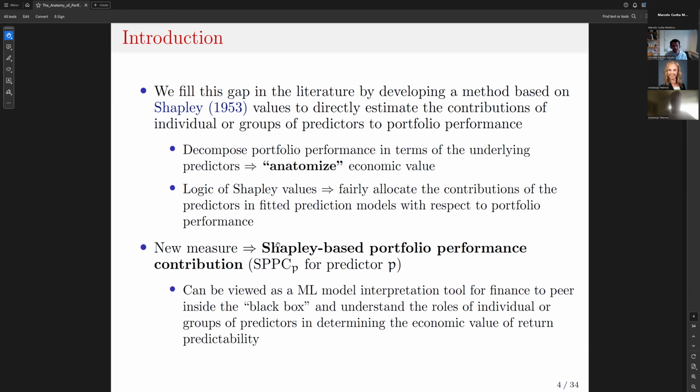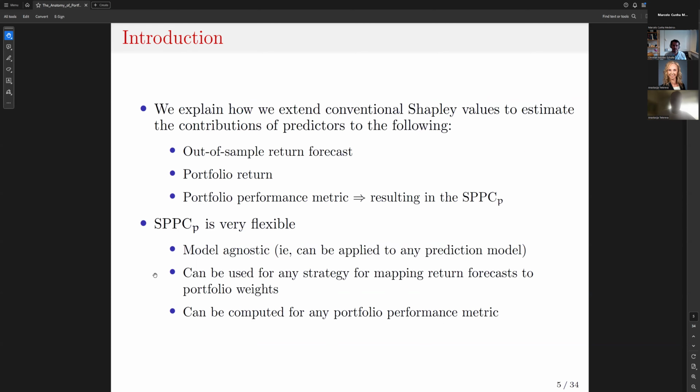We develop a new measure, which we call the Shapley-based portfolio performance contribution, the SPPC, for predictor P, so subscript P. This can be viewed as an ML model interpretation tool for finance to peek inside the black box and understand the roles of individual or groups of predictors in determining the economic value of this return predictability.